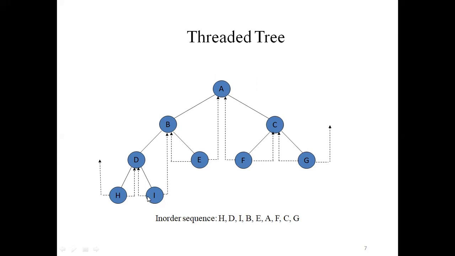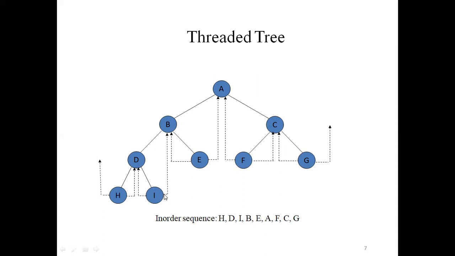Now I doesn't have any left child, so its left field is null. So the left field should be replaced with the inorder predecessor. In the inorder sequence, I has predecessor D. So I's left field, which was null, will now store the address of its predecessor, node D, instead of null.